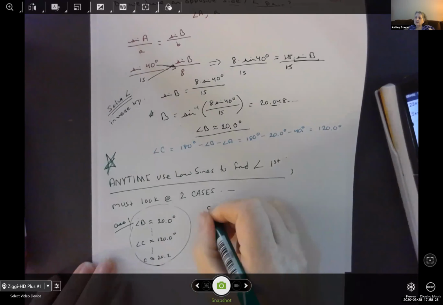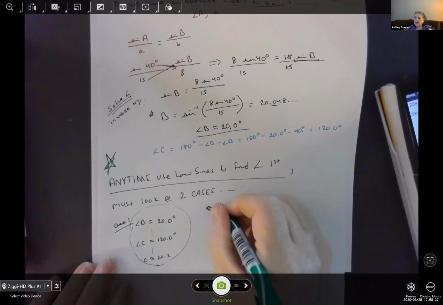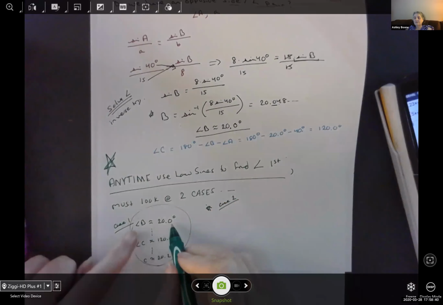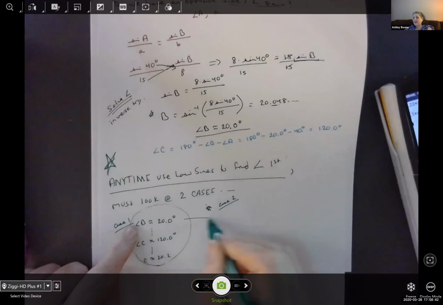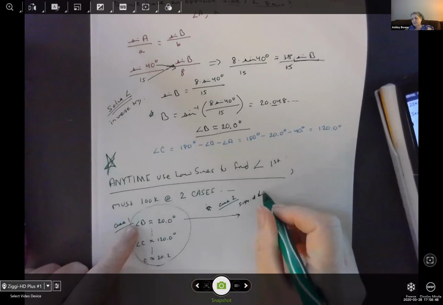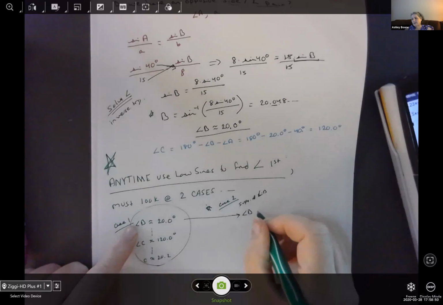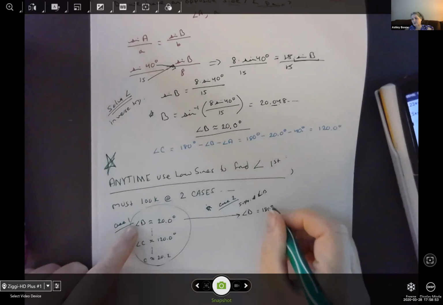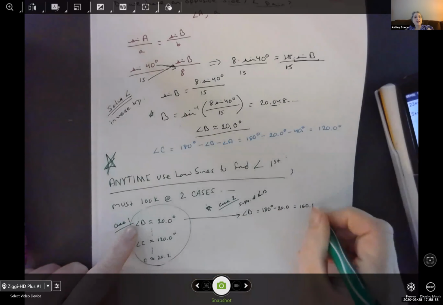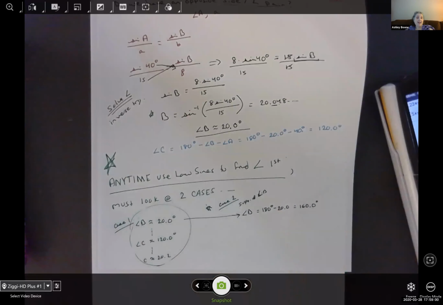We have to look at a possible case two. What you do with this is there are actually two possibilities for angle B. It can be 20 itself, or you take the supplement of angle B. Angle B could also be 180 degrees minus that 20.0 we found, which is 160.0 degrees. It may lead to a solution and it may not.